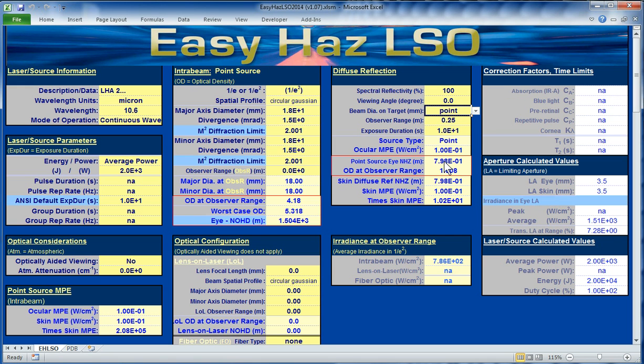No, it doesn't. So we'll have to look into the tables as to why, if I change this exposure duration, nothing changes. Let me put that back to 600, and let me try 600 over here, and yeah, nothing changes. So this will give us something to look at that we'll need to investigate by looking at the table directly in the ANSI standard.